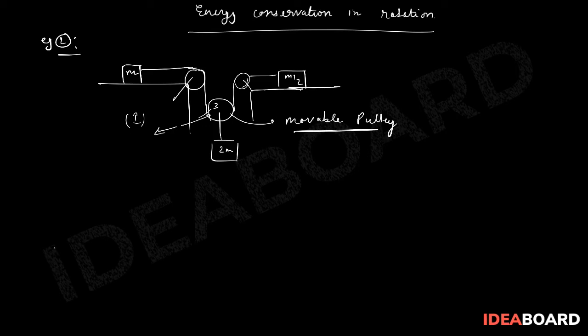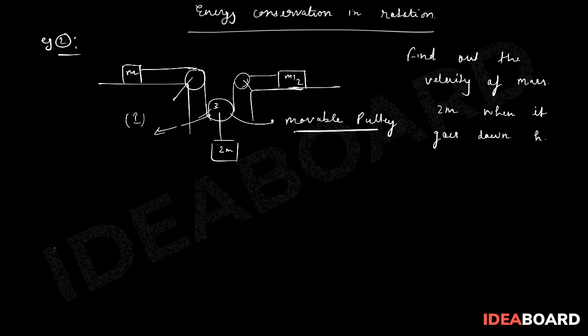So now my question is: find out the velocity of mass 2m when it goes down h height.